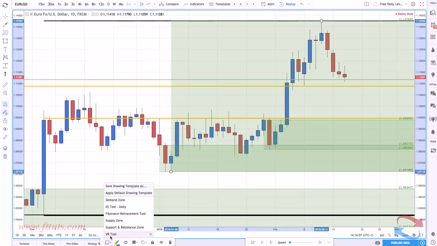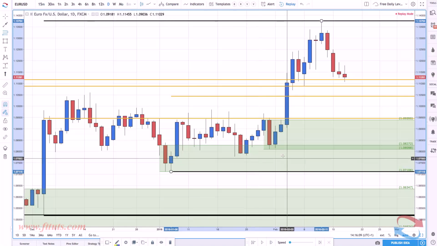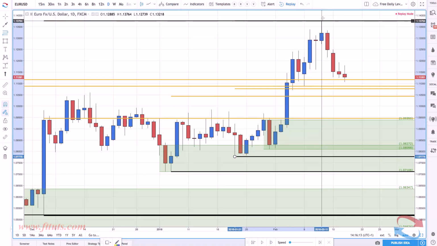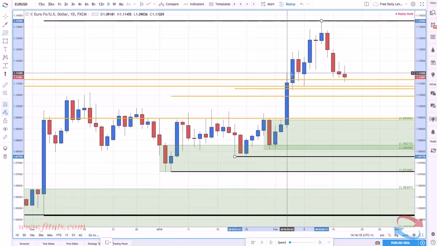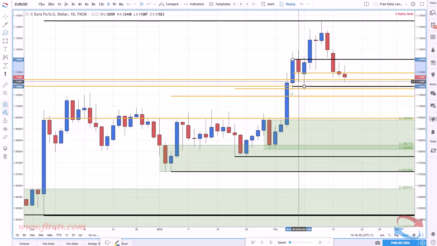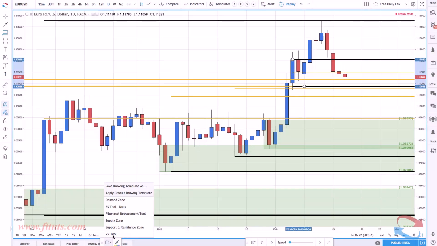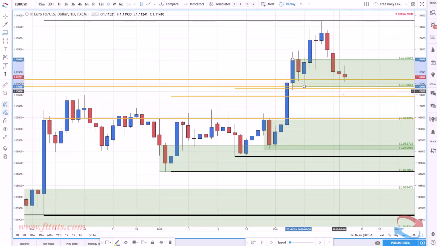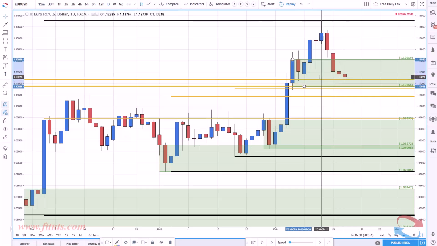Not demand, value range. And also we want to add another value range potentially from here to here. We've got a demand zone created right here. Let's create a higher high. And again, we've got a cluster of fair value zones going on right here.